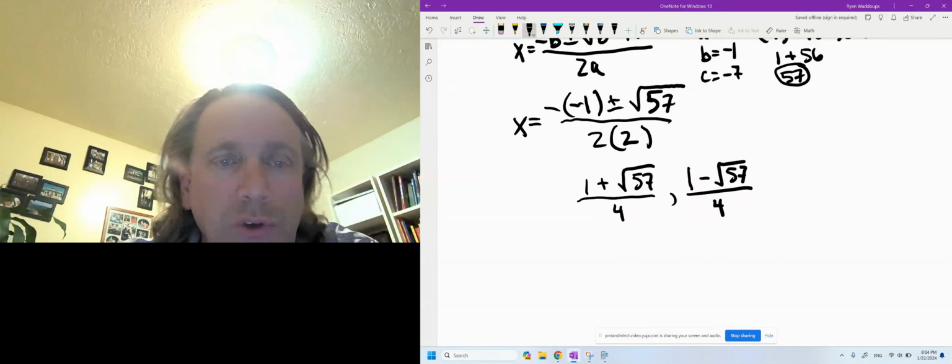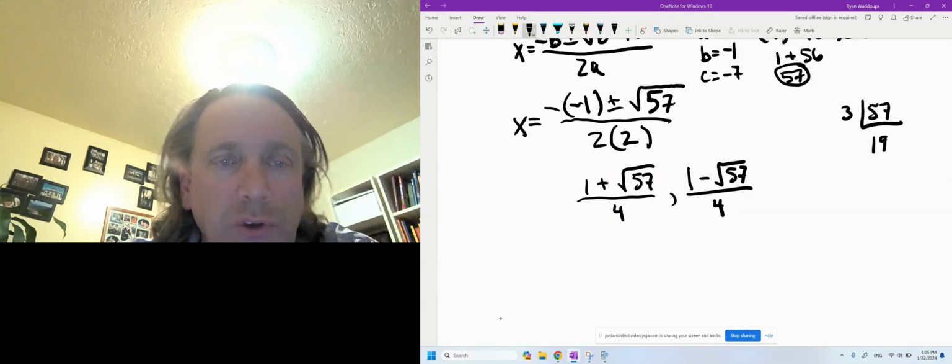You cannot simplify 57. If you were to take 57, it's obviously not even, but 5 plus 7 is 12, and that's divisible by 3, so is 57. If I take the 3 out of 57, I believe it goes in there 19 times.